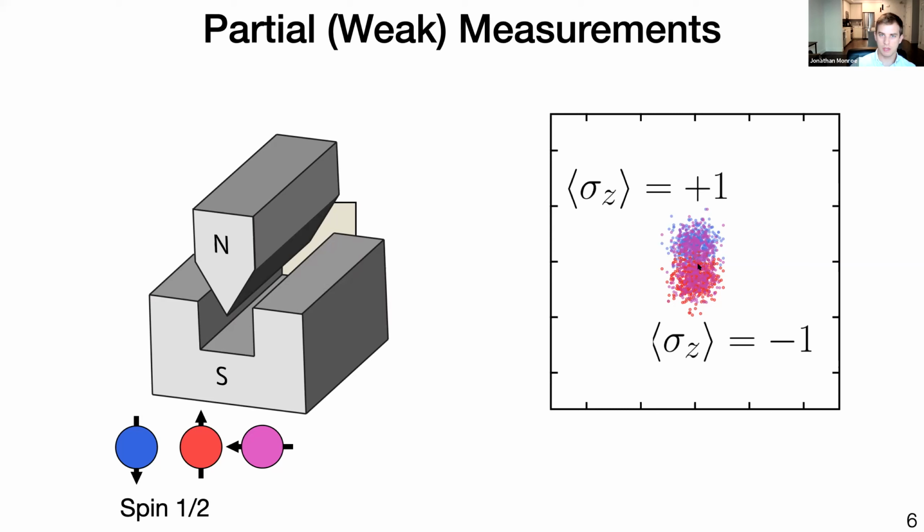It went from being plus x to, say, being plus z. And so in this partial measurement, or if the trench is short enough, we might call it a weak measurement. In this weak measurement case, the x pointing spin is not as disturbed as it would have been in the case of a stronger measurement.